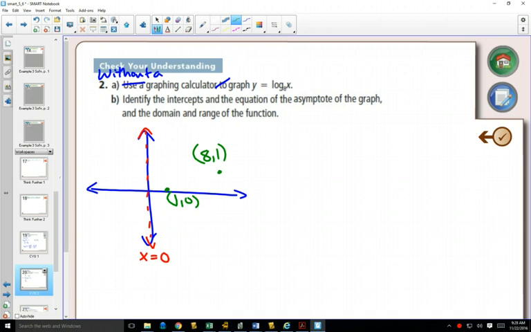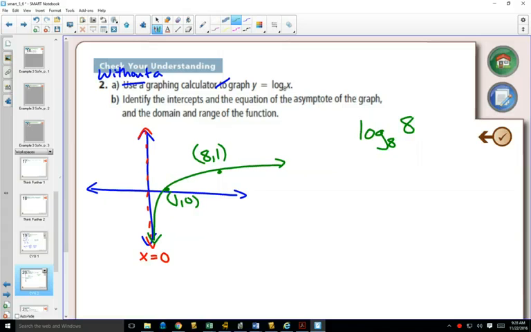Because if you think about it, if I put 8 in for x, 8 to what power is 8? 1. And if it was a base 3 and you put a 3 in, 3 to what power is 3? 1. So you're always going to have the point (base, 1). And then there's the shape of your log graph.